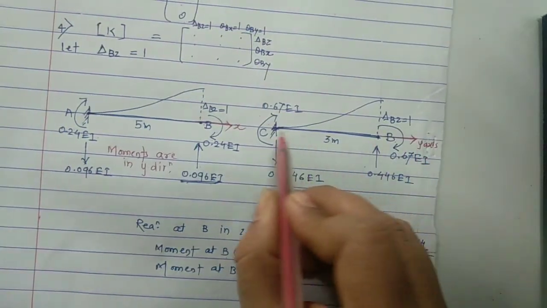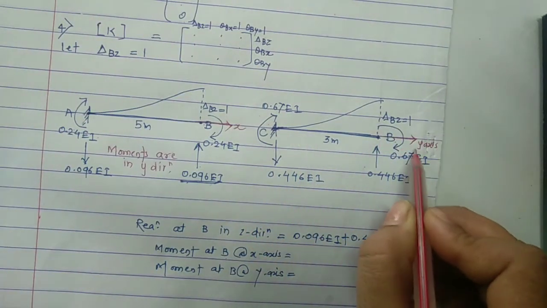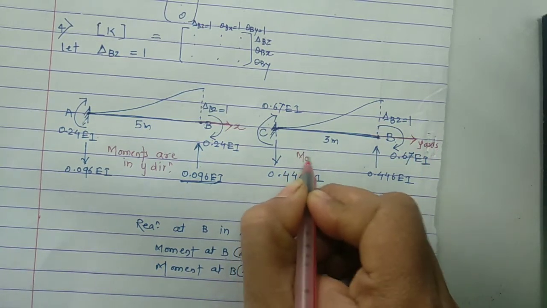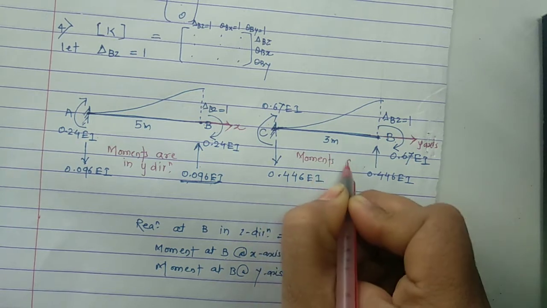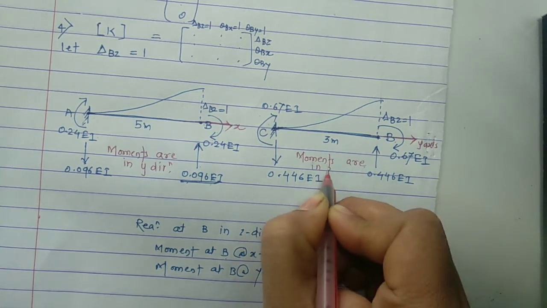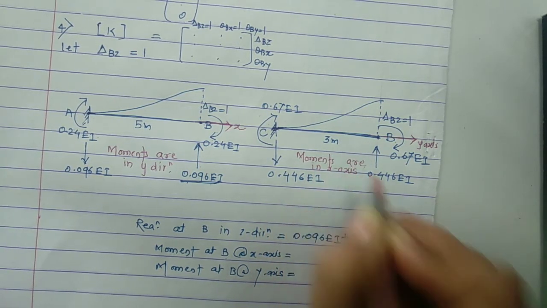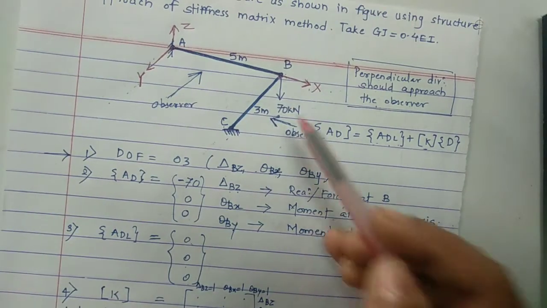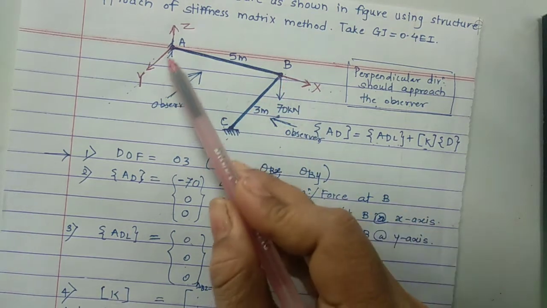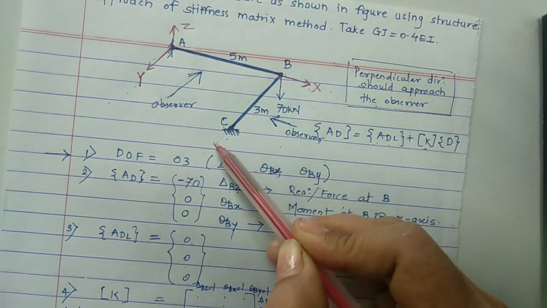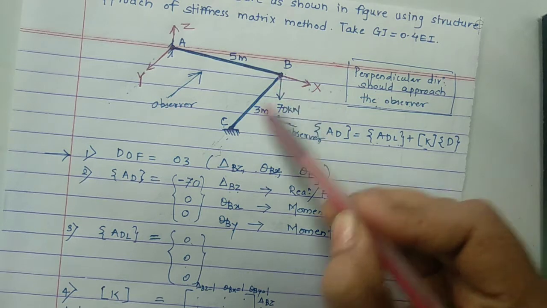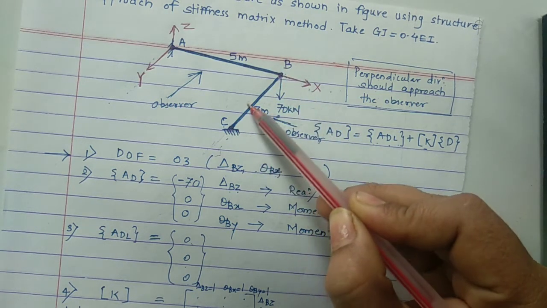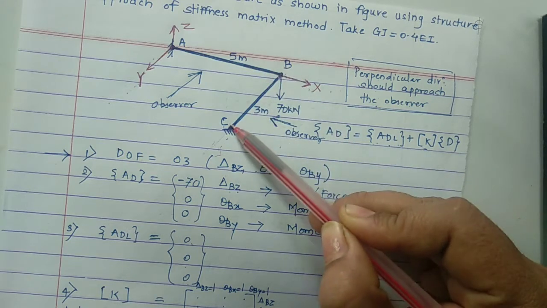And similarly here, this CB member is along y-axis. So moments are about x-axis. Okay, see here in the figure, this CB member that is parallel to y-axis. So moment, because of the translation, this member is deflected in this direction.